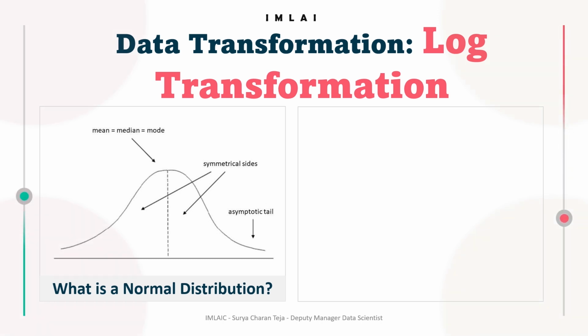Its mean, median, and mode have the same value, and it can be defined with just two parameters, the mean and variance. It also has important mathematical implications such as the central limit theorem. You can see on the screen the mean, median, and mode, it's symmetrical about them, and at the end you have an asymptotic tail.